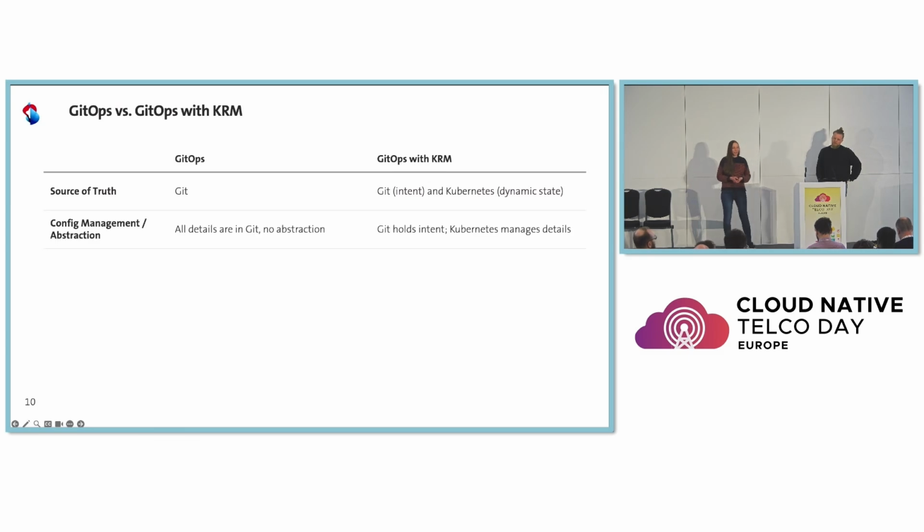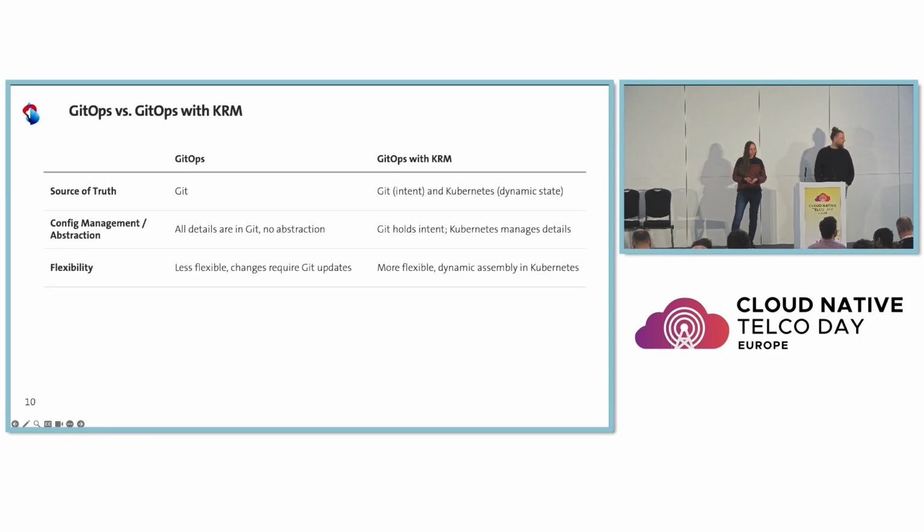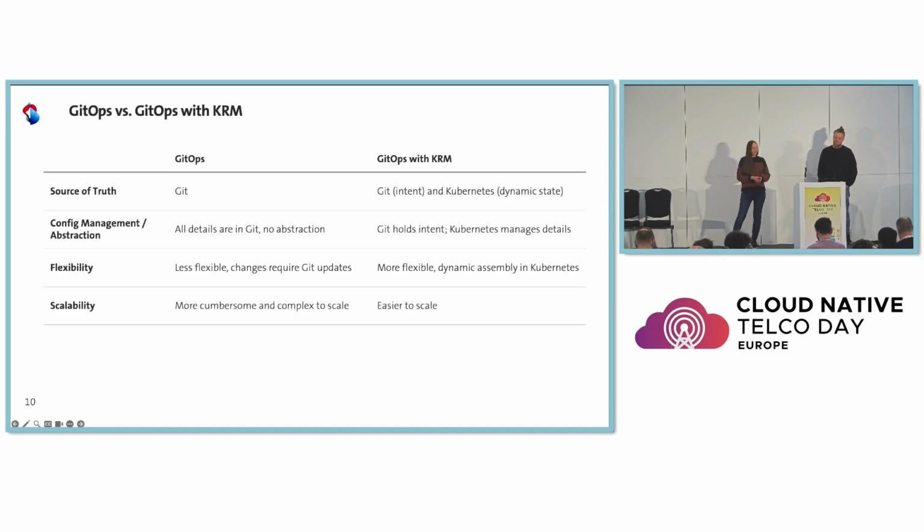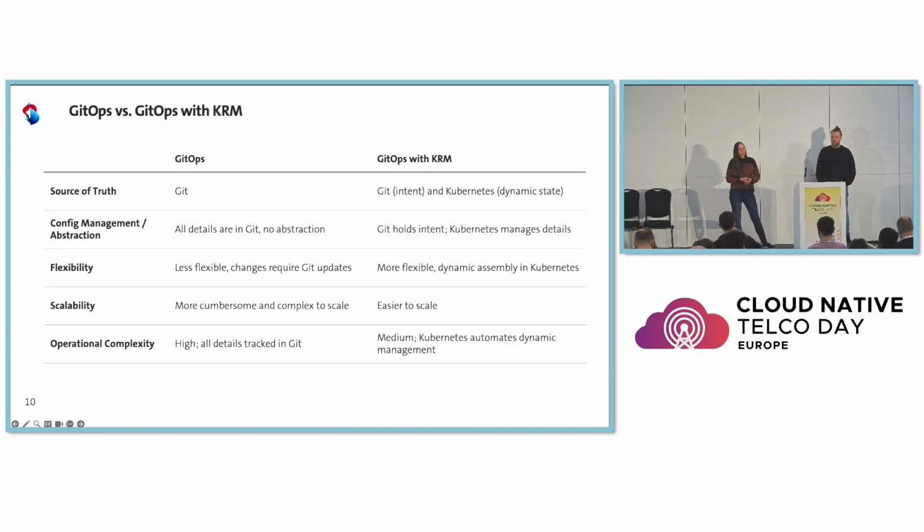This also gives you flexibility, as you don't know all the details in advance, but some things can be calculated at runtime. It also makes scalability easier, as you can just claim more things, more instances of the same thing. And it also reduces the operational complexity.